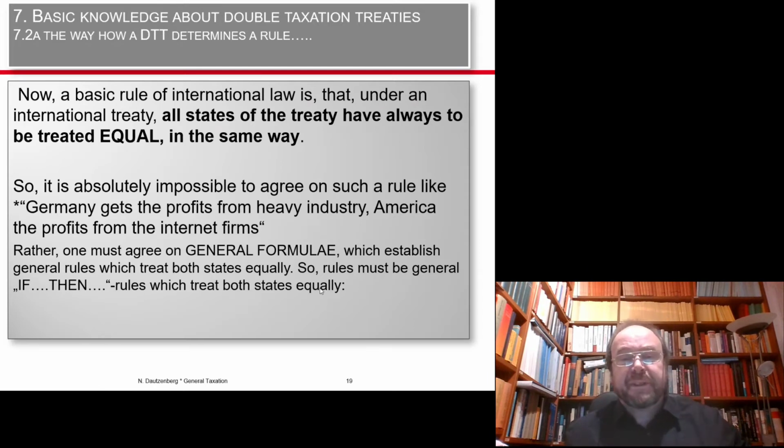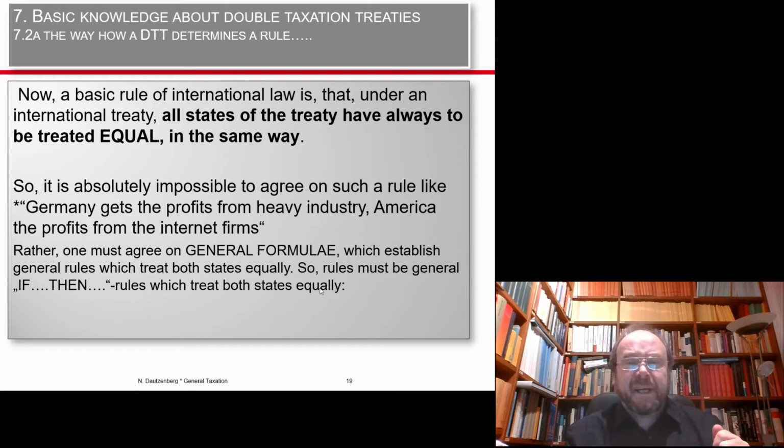Another interesting peculiarity is now how double taxation treaties determine or express themselves. One of the very, very basic things is these are international treaties, and there are certain rules in international law, and the one and only and predominant and paramount and highest rule is that all states always, if they sign a treaty, take the same rights and the same obligations.